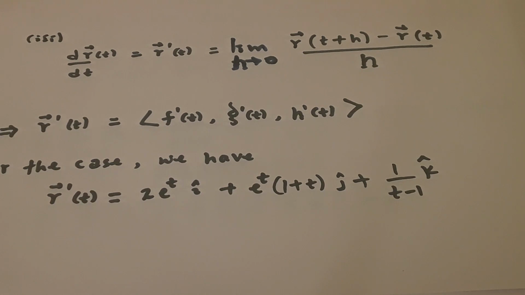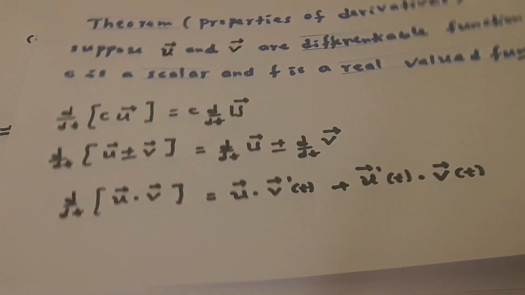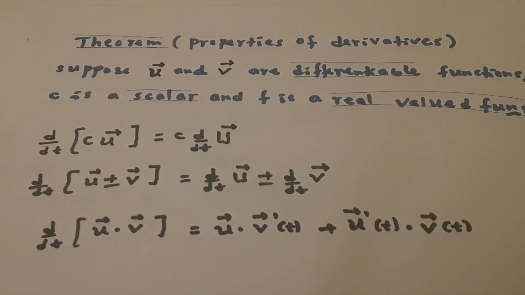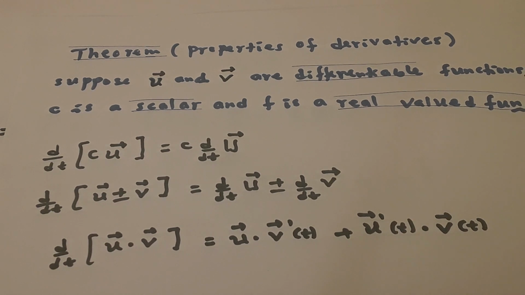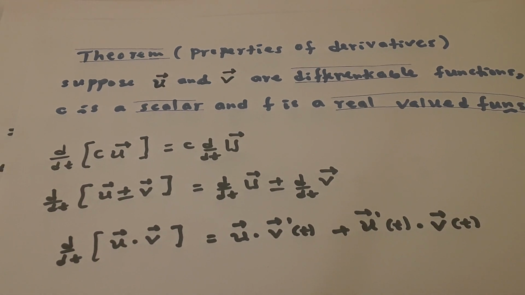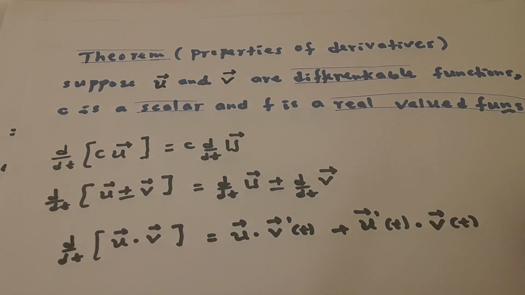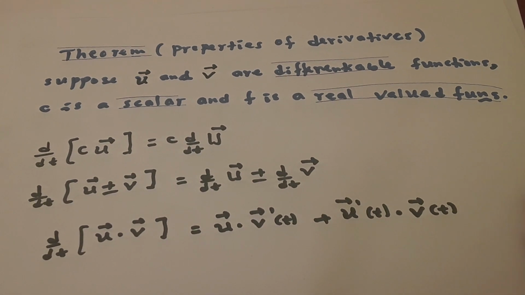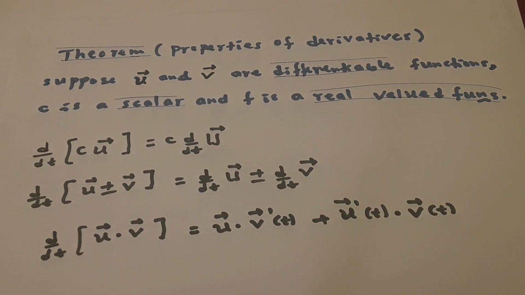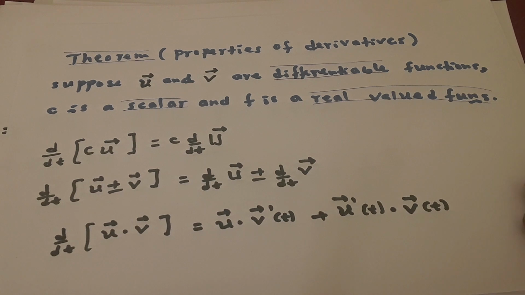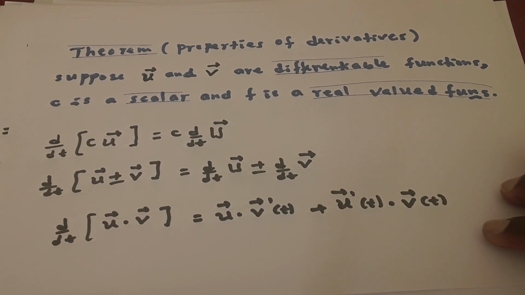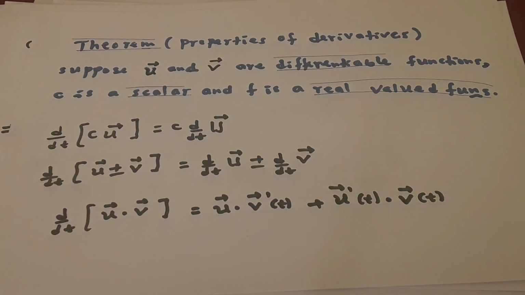Let me remind you of the basic properties of the derivative. Suppose u and v are differentiable functions, c is a scalar and f is a real valued function. Then the following properties hold true. d/dt of a constant multiple c times u, we use the constant multiple rule.